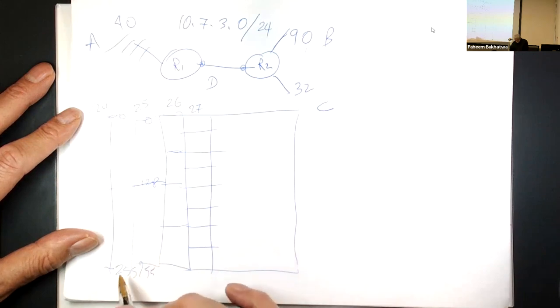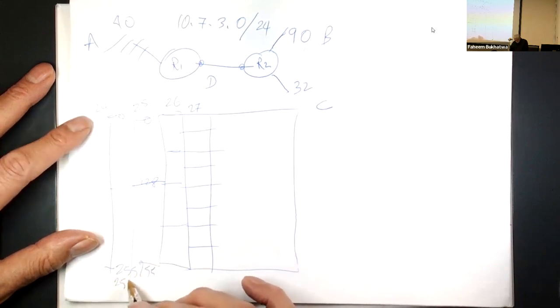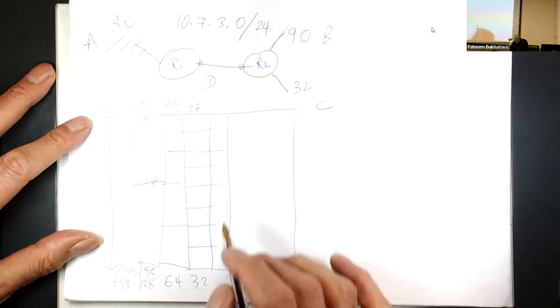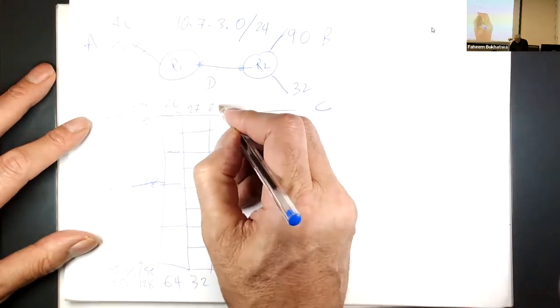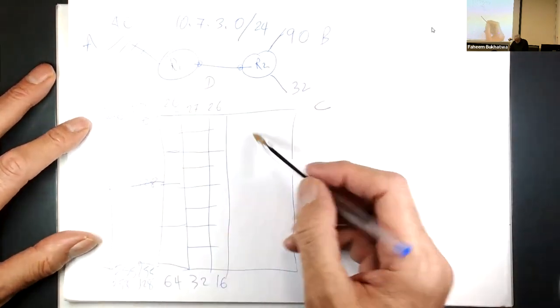So this is 256 addresses, 128 addresses, 64 addresses, 32, and 16. So this one is 40.